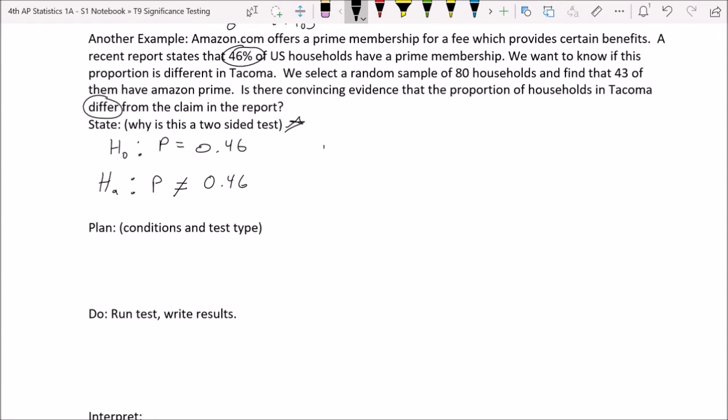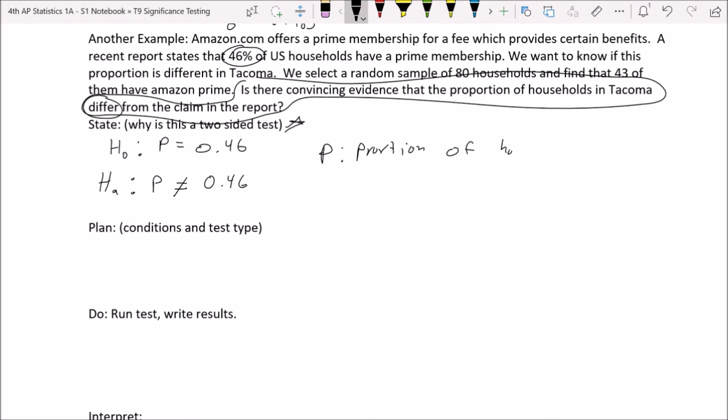We need to also define our parameter, and you usually can pull it right out of the question. So our parameter is the proportion of households in Tacoma.